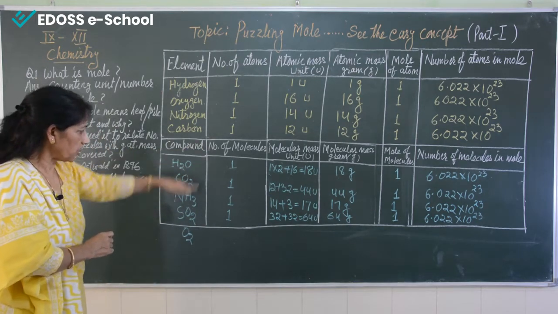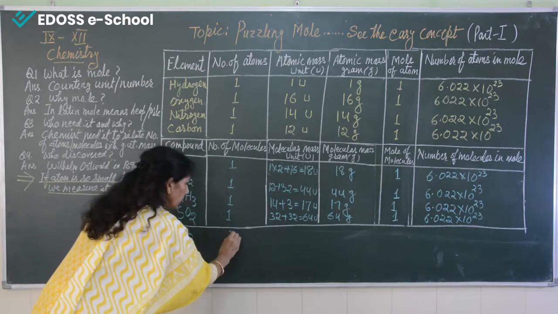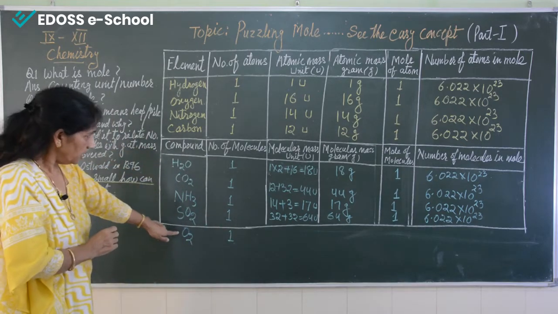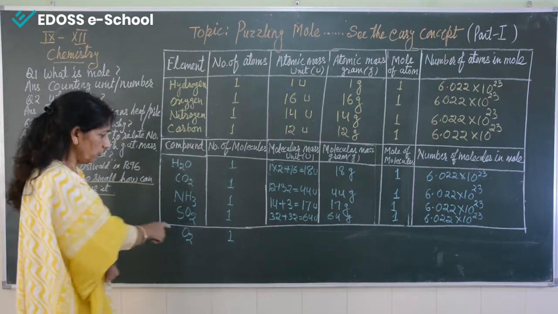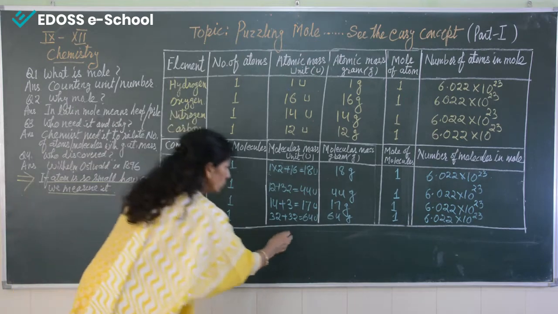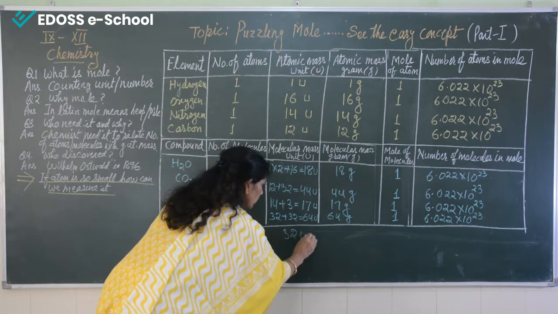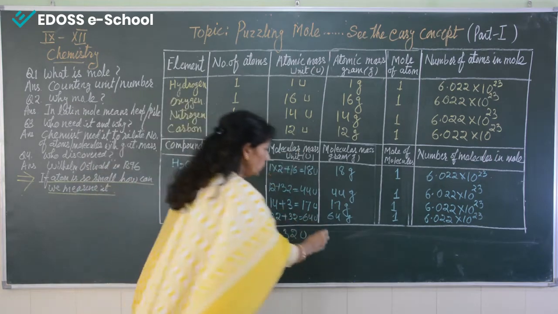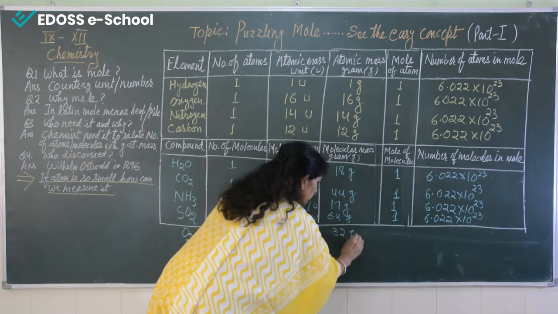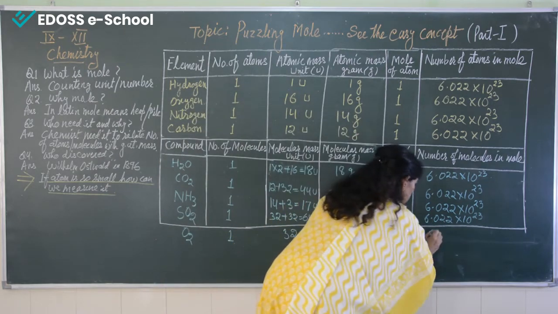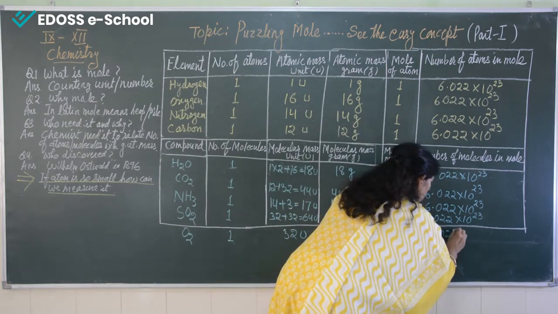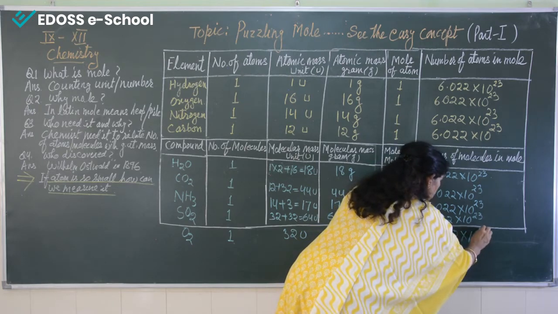The number of molecules will be counted as 1, and the molecular mass of one molecule will be 16 into 2, 32 unit, and the gram molecular mass will be 32 gram. The number of moles will be the same, 1, and this will be 6.022 into 10 raised to power 23.